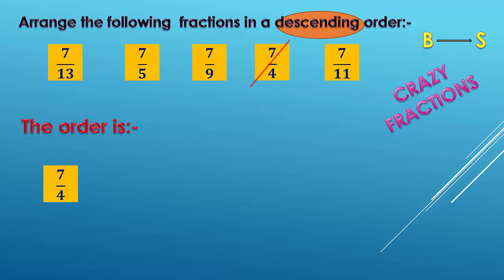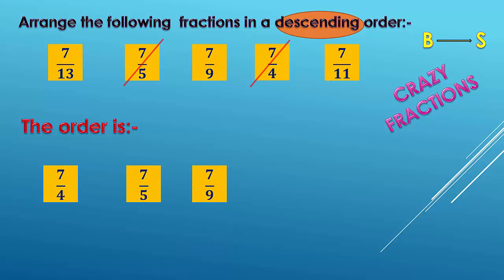Then, teacher, which number is small here? 9, 5, 13, or 11? Yes, it's 5 here. So 7 over 5. Next, don't forget to cancel. Then which is small here? 13, 9, and 11.